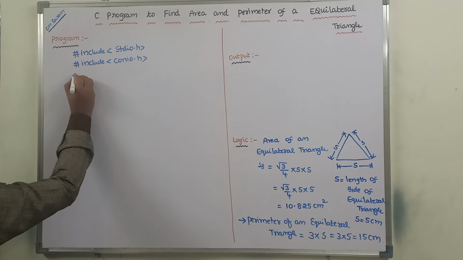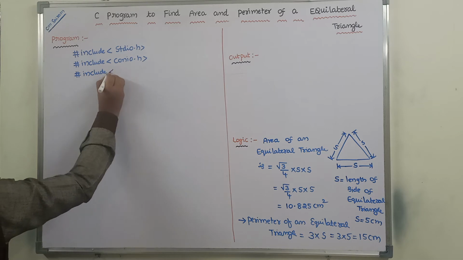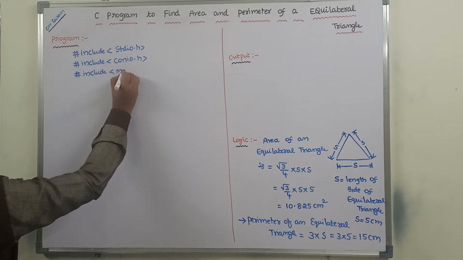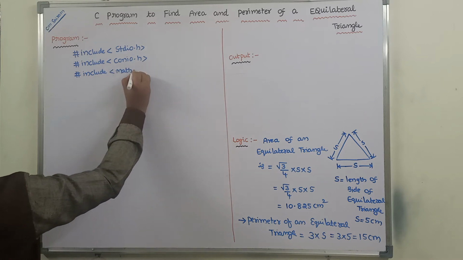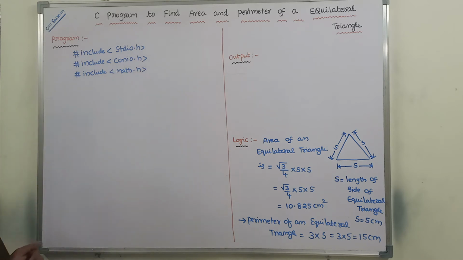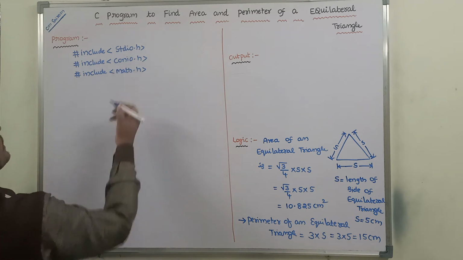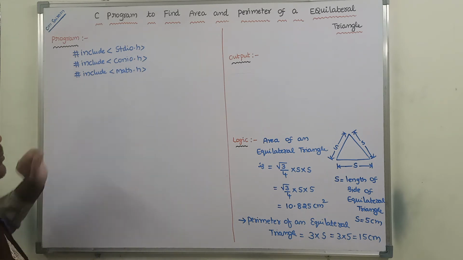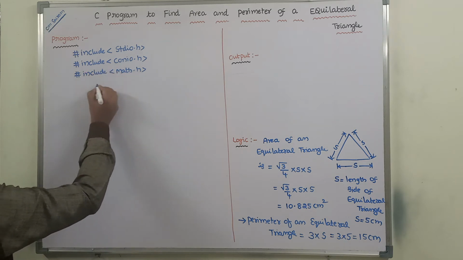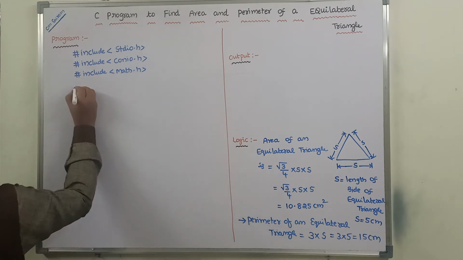And one more header file is #include <math.h>. Any time we use a mathematical formula in the program, we have to add this header file also. This header file contains all the mathematical functions.